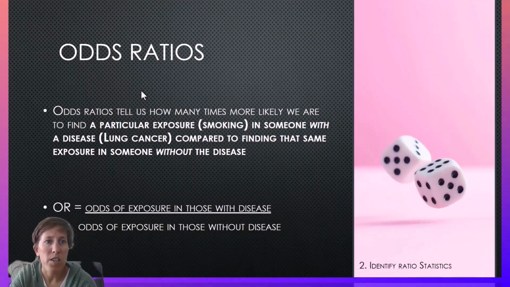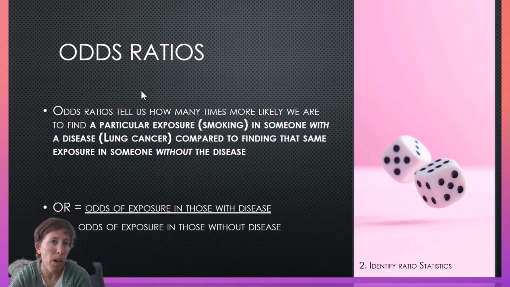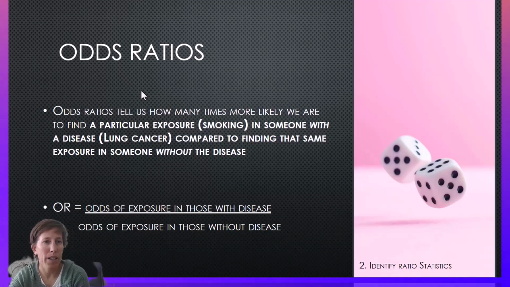By formal definition, odds ratios tell us how many times more likely we are to find a particular exposure, smoking, in someone with a disease, lung cancer, compared to finding that same exposure in someone without the disease. Calculated, you should expect that it's division.